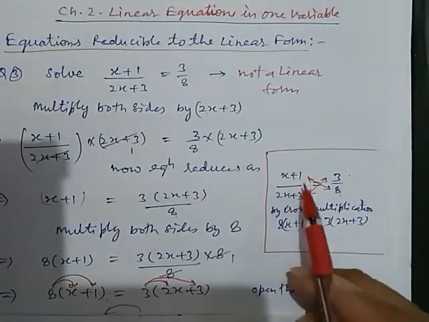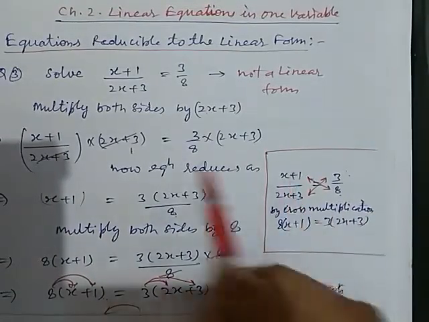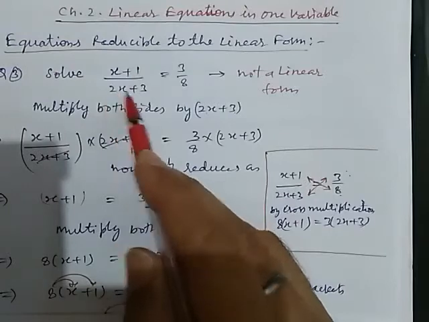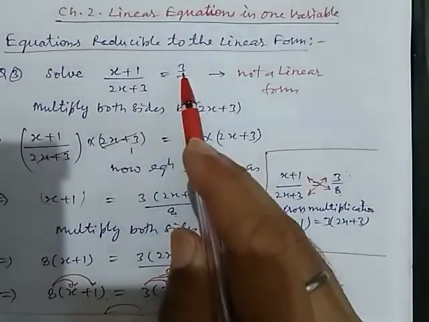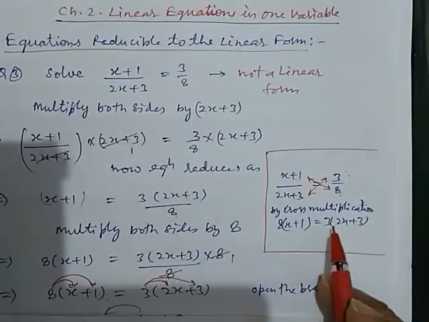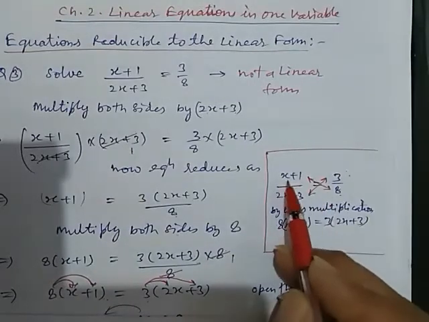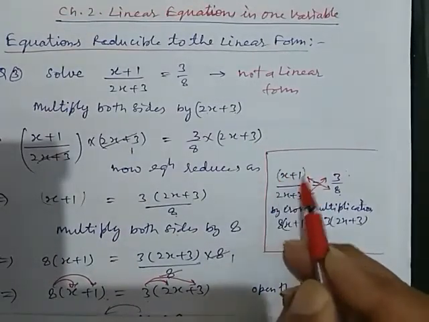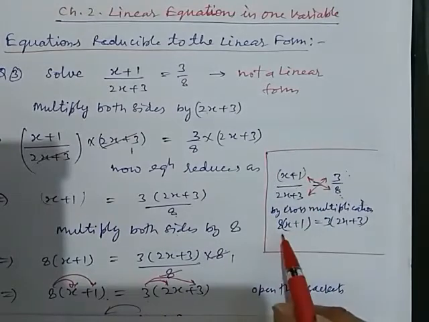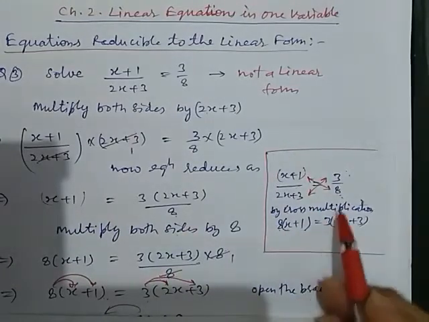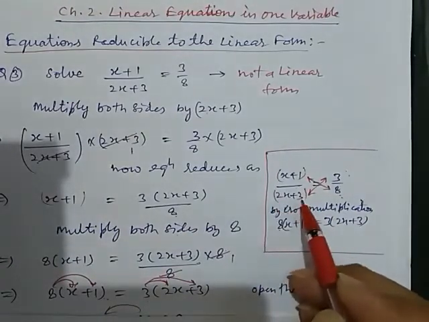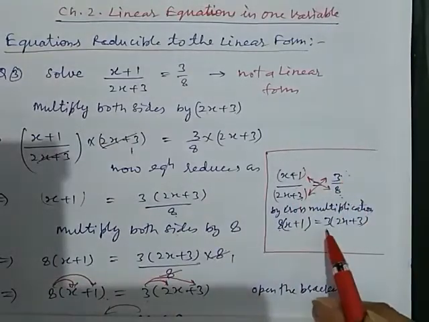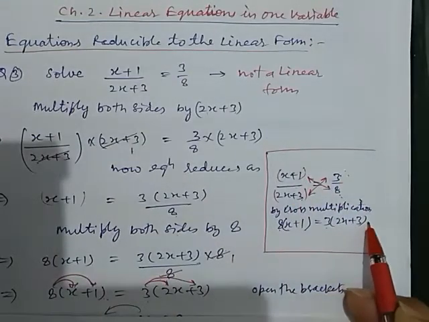So directly we can say here our problem is x plus 1 upon 2x plus 3 here and 3 by 8 here. Okay. Now we multiply this whole x plus 1 by 8. So this is 8 into x plus 1, and this whole 2x plus 3 is multiplied by 3. So this becomes 3 into 2x plus 3. Okay.